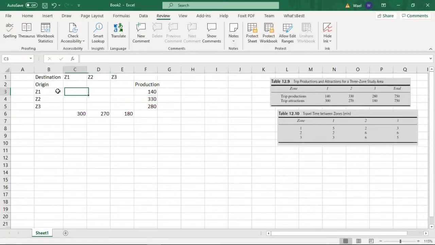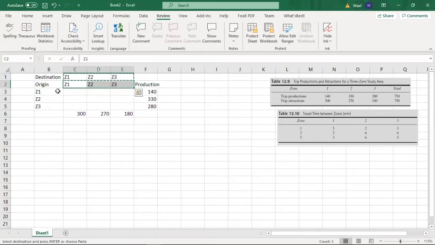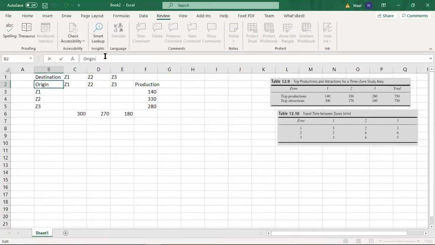Okay, so let's now calculate. Let me put these zones here, and this is origin slash destination. Let's copy this one here.